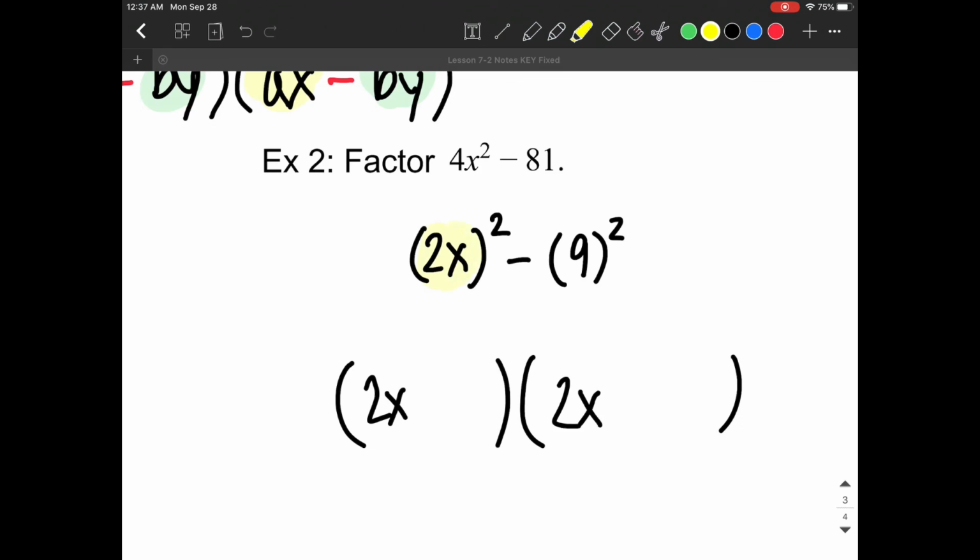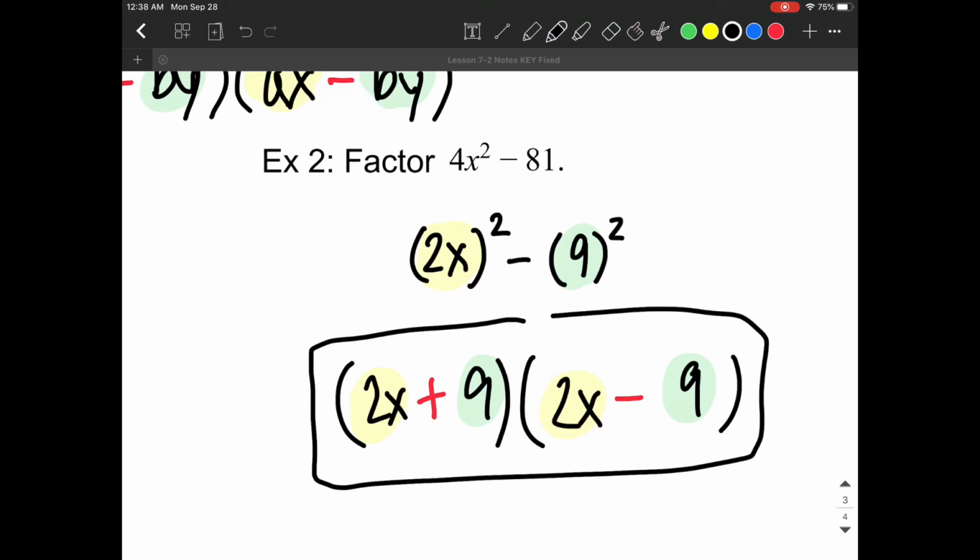That's taken from here. And my second term is 9. It's taken from here. I know I have addition in one of the parentheses and subtraction in the other. This is my factored form.